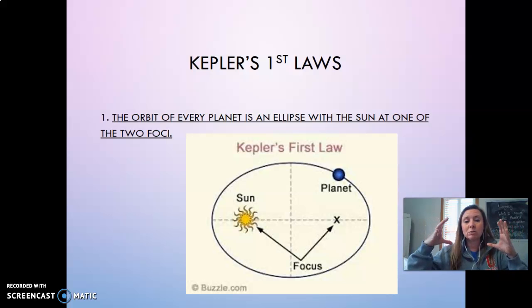So it is able to hold on to all the different types of things that we're going to be talking about: planets, the Kuiper belt, the Oort belt, comets, meteors, all these different things. And so with that, Kepler, and we'll watch a video on him in a little bit, has come up with this idea of how planets actually move around.